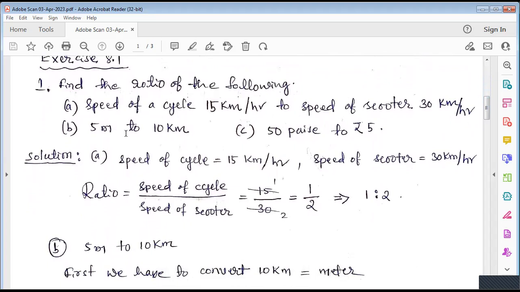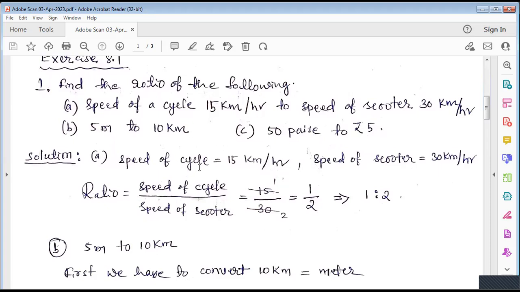B, 5 meters to 10 km. C, 50 paisa to 5 rupees. So the solution of this problem is like this. We'll take the first problem, A.